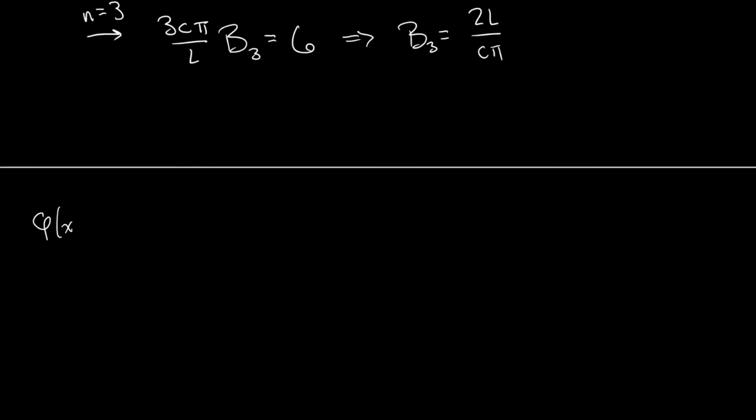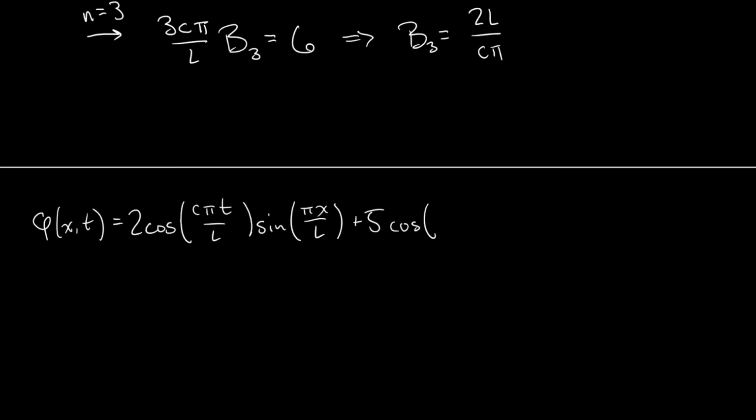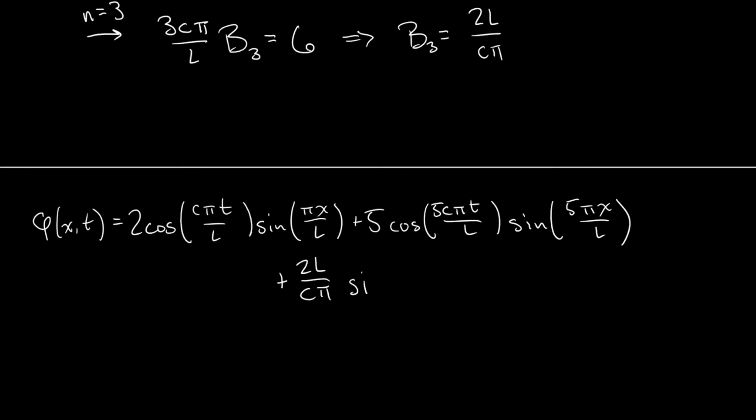So I'll write it out a bit more explicitly. Cosine c pi t over L sine of pi x over L plus 5 cosine of 5c pi t over L sine of 5 pi x over L, and then plus this 2L over c pi sine of 3c pi t over L sine of 3 pi x over L. There should be a pi in here.